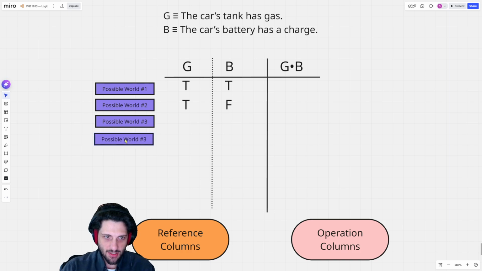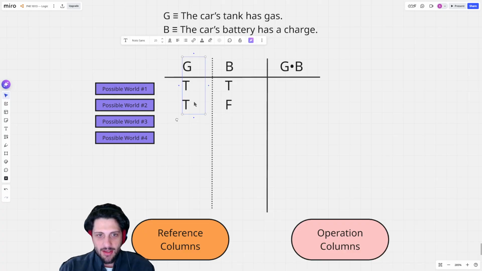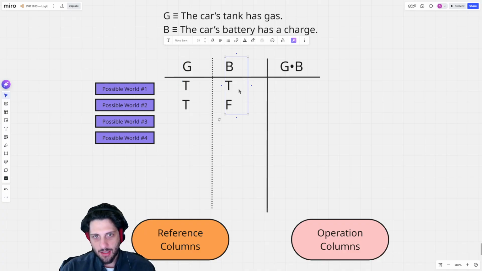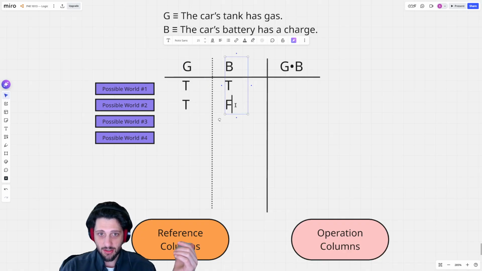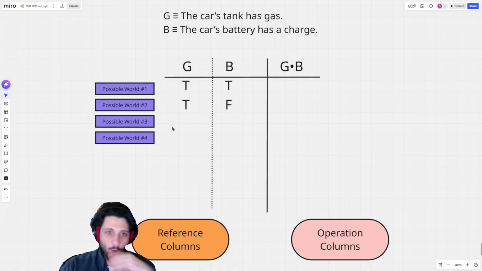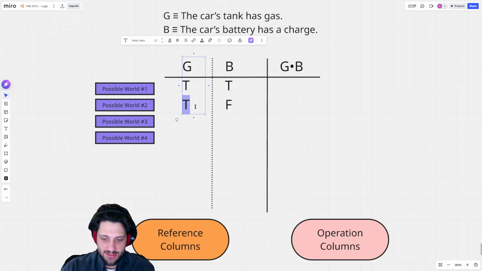So think to yourself, maybe before I fill them in, what do you think these possible worlds are going to be? Right? So we have the situation where the car has gas and the battery does have a charge, and the situation where the car has gas and the battery doesn't have a charge. But we haven't thought about, well, what if the car doesn't actually have gas?